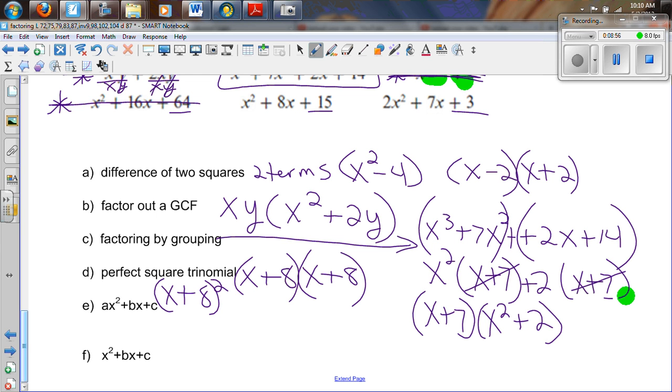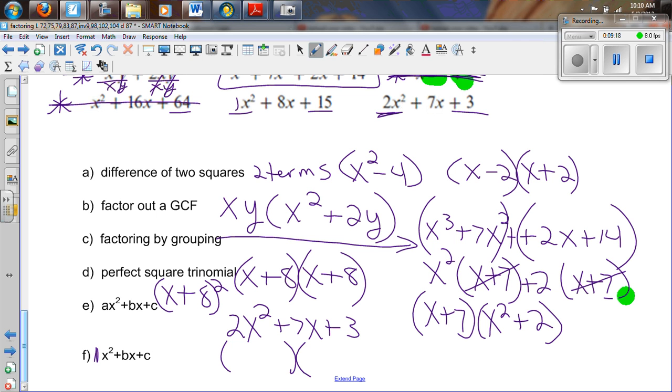Now let's look for our ax squared plus bx plus c versus this one that has a 1x squared in front of it. Let's match these last 2 up then. This one has a 1 in front of it. This one does not. So let's factor 2x squared plus 7x plus 3.